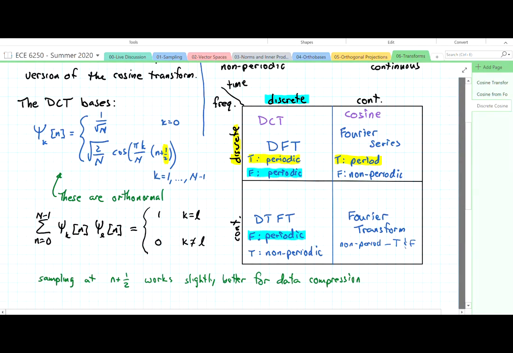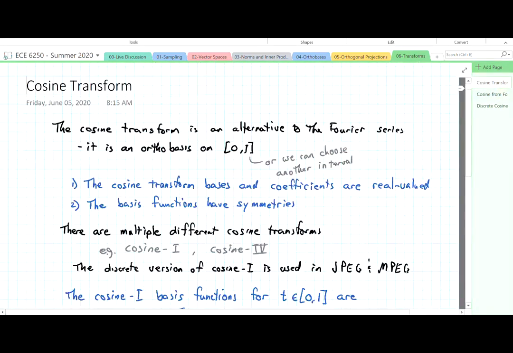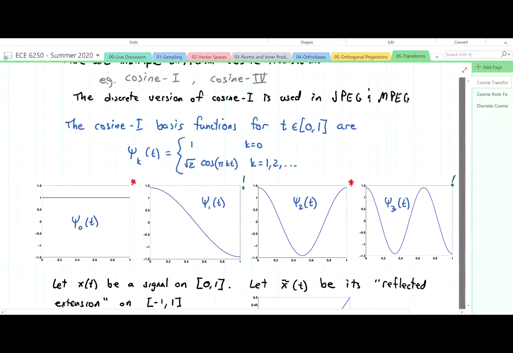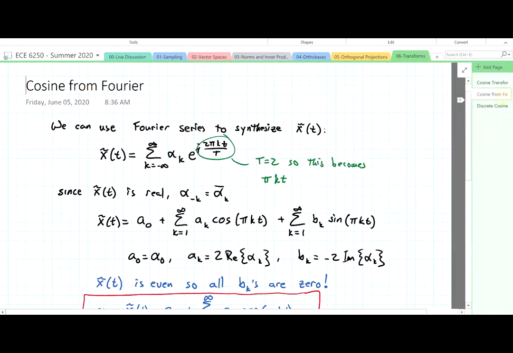Well, think about it this way. We're going to go back and look at the cosine transform. The cosine transform is derived from taking a symmetric extension of our signal and then doing a Fourier series on that.